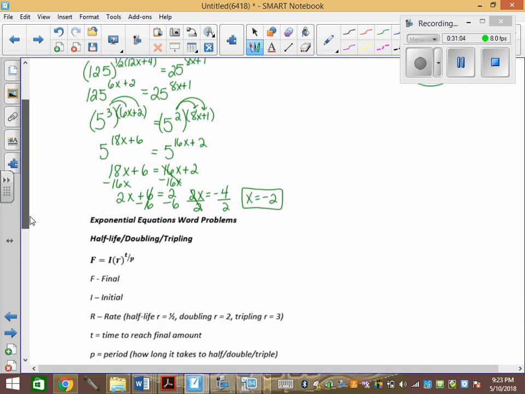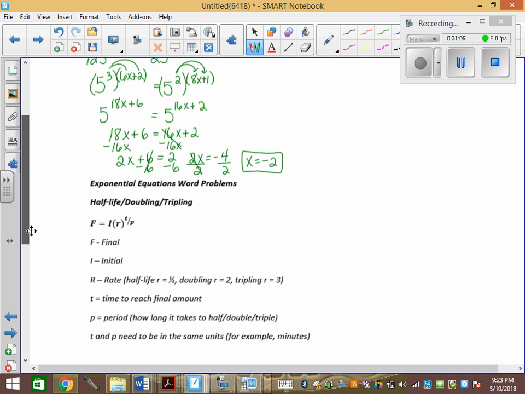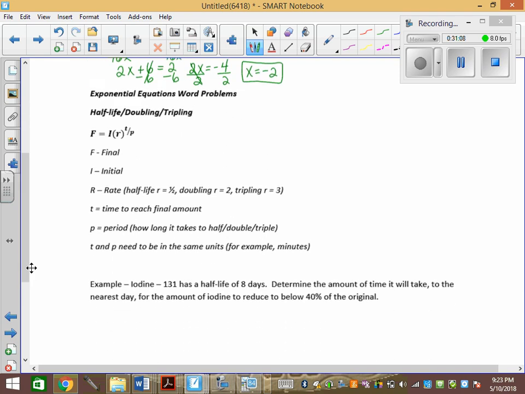Now for the word problems that I said we were going to go to that we weren't actually. So the first word problem we went over was half-life, doubling, tripling. So if you read the word half-life, doubling, or tripling anywhere in the question, you are going to use this formula. So if final is F, I is initial, R is the rate, so if it's half-life, it's a half. If it's doubling, R is 2. If it's tripling, R is 3.